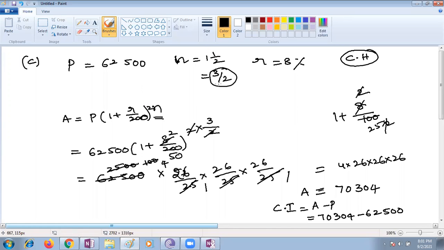If you use it 3 times, for different periods, you are getting different principal amounts every time. So what are you supposed to do here? Ma'am, here we can take, for 1 year it is 9%, so for half year it will be 9 by 2%, and the time is 1 year.